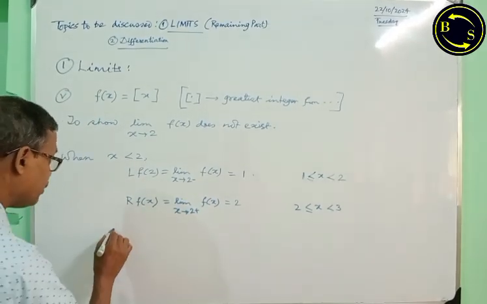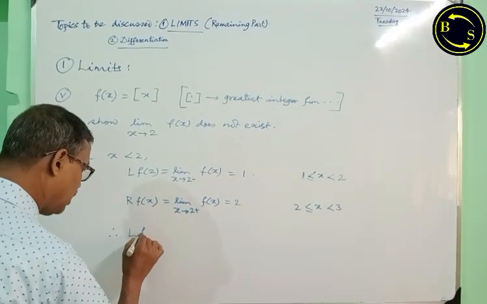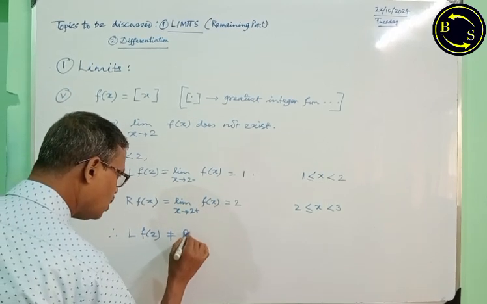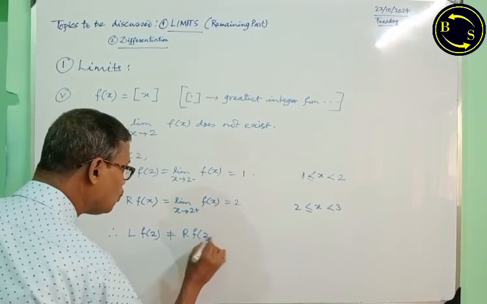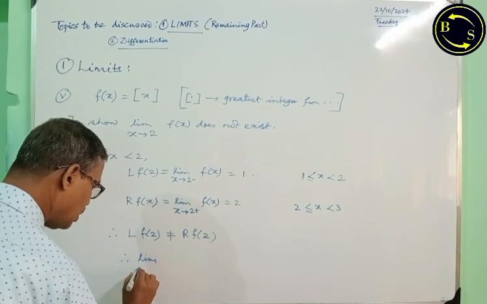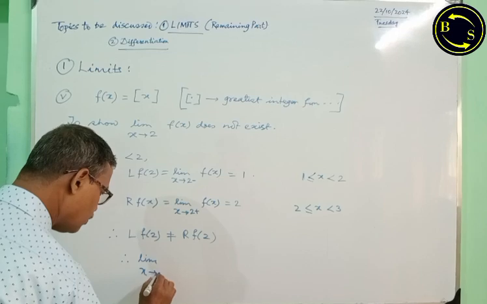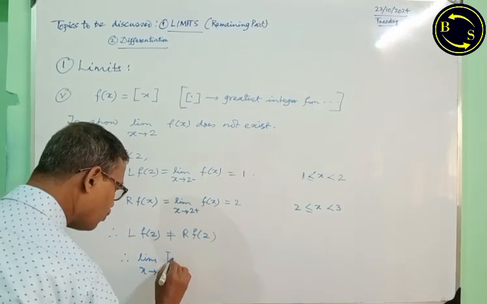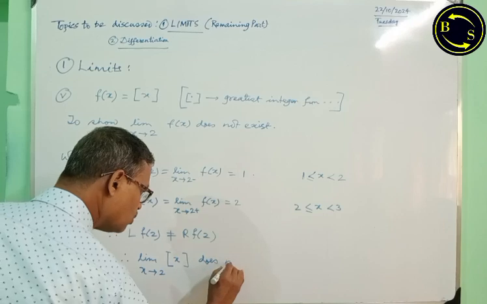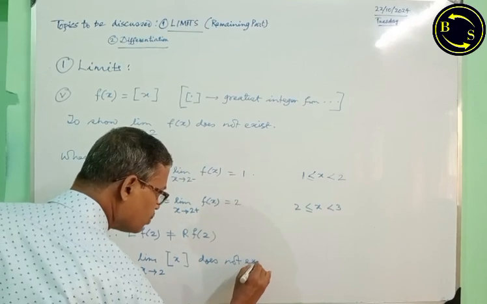Thus we see, therefore L f(2) is not equal to R f(2). Therefore limit x tends to 2 does not exist.